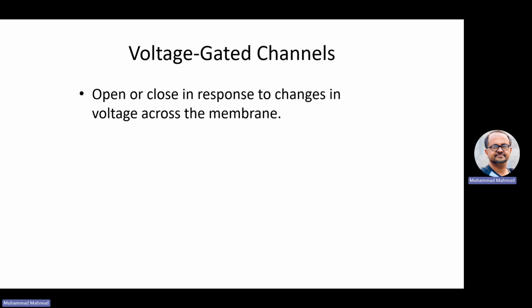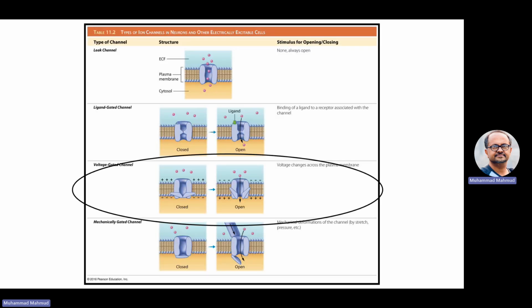The next channel is the voltage gated, which opens or closes in response to changes in voltage across the membrane. In this third picture, initially it is closed and the voltage is positive outside, negative inside. The moment it changes to negative outside, positive inside, the gate opens.